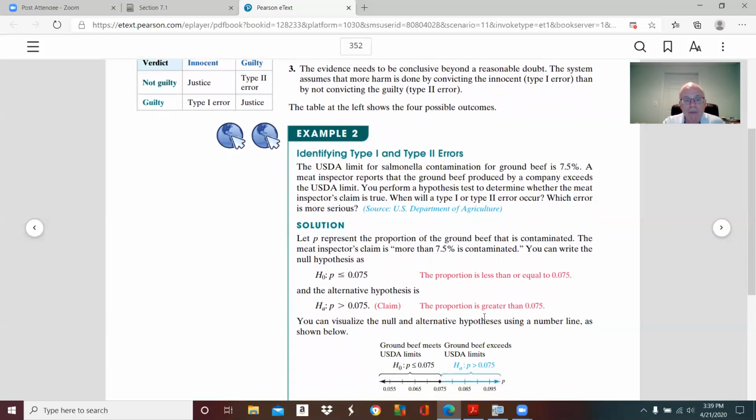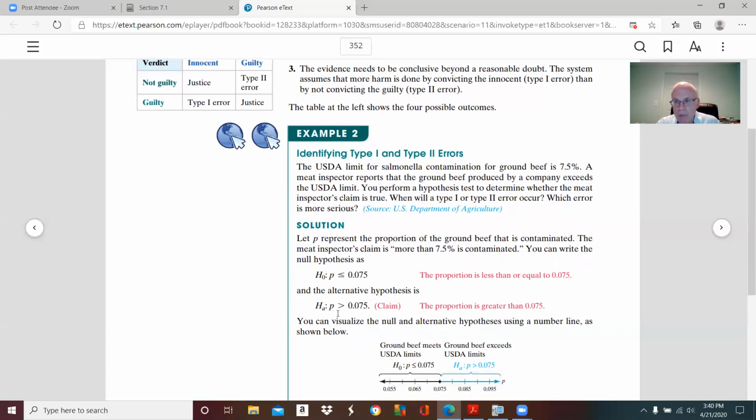So what would be the null hypothesis here? Well, since the alternative hypothesis is the claim, all right, I'm sorry, I think I said what is the null hypothesis? What is the type 1 error? That's what I meant to say. Type 1 error is when we reject the null hypothesis and we go with the alternative hypothesis, when in actuality the null hypothesis is true. So in this particular case, the inspector would have enough evidence to reject the null.